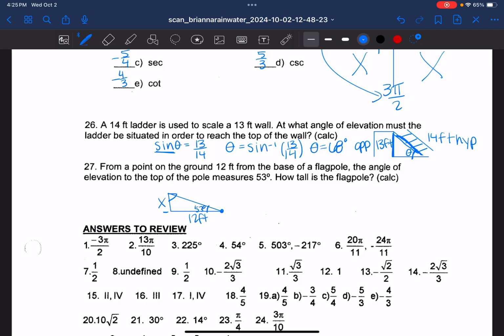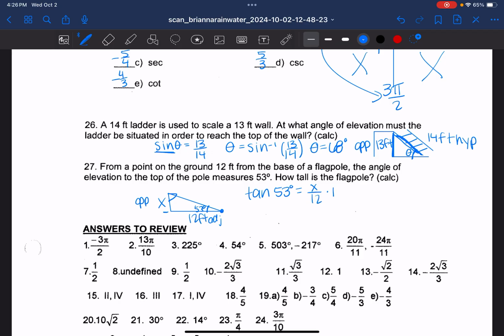They want to know how tall our flagpole is. So the flagpole would be opposite. This side that I know is the adjacent, so that tells me I'm using tangent. Tangent of 53 degrees is equal to the opposite side x over the adjacent side 12.